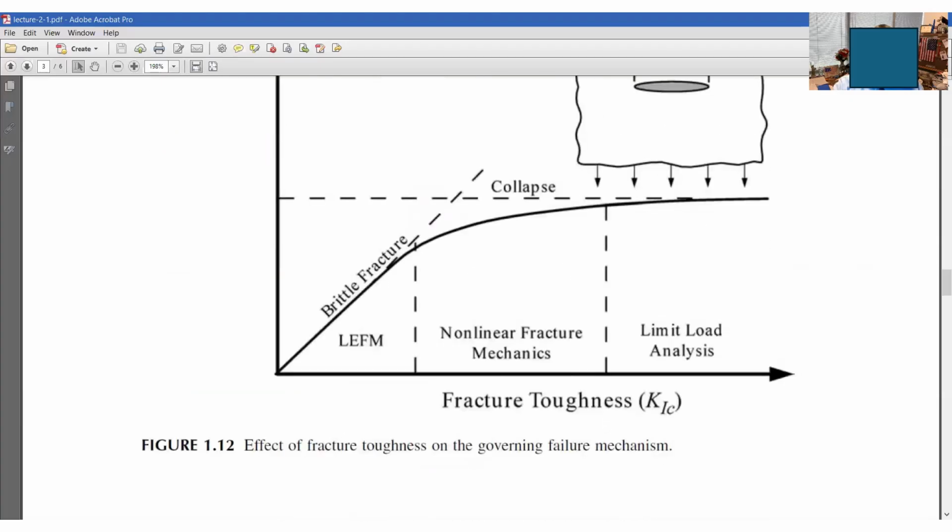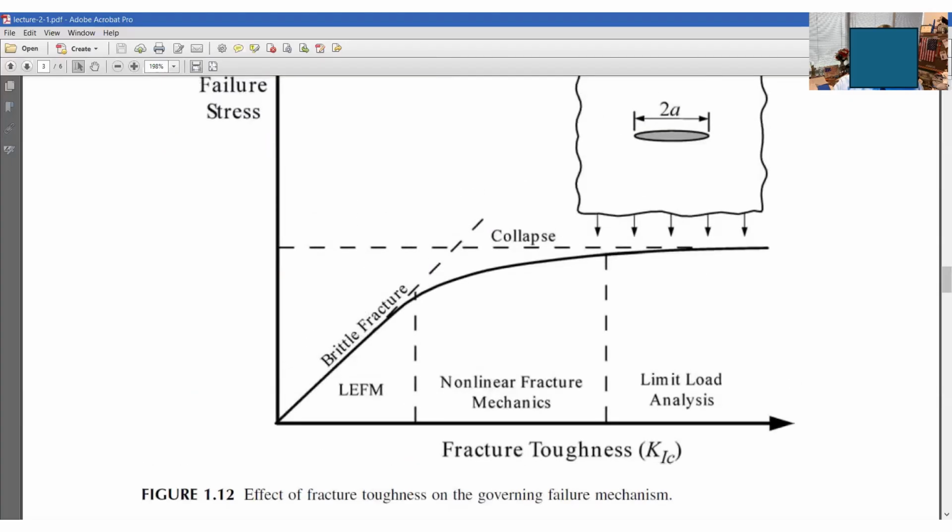So this picture shows us the effect of fracture toughness on the governing failure mechanism. Okay, guys, look at this one. If the fracture toughness is reasonably low, then LEFM can be used.